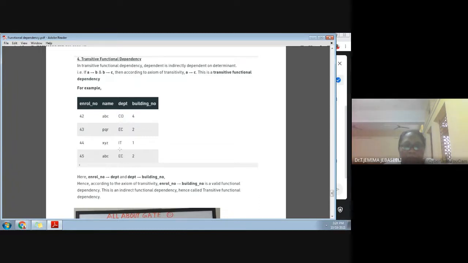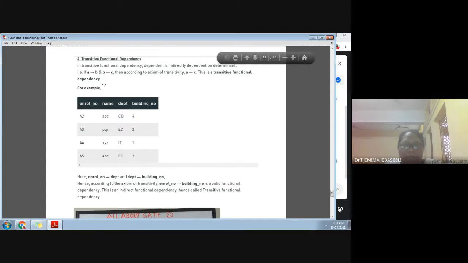But when you take department with the building number, some values are the same, so both are functionally dependent in any direction, A to B, B to C. According to the axiom of transitivity, A to C is indirectly dependent on the determinant. So here it is fully functional, but the transition is from A to B and B to C. When you verify, the transitivity is an indirect dependency.